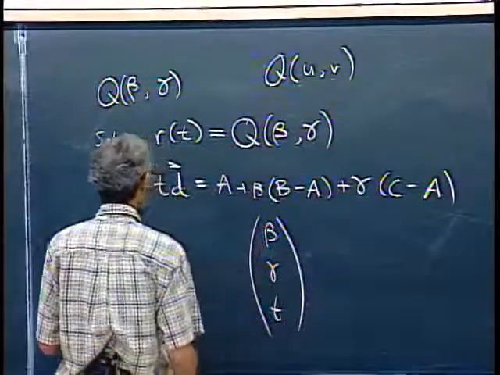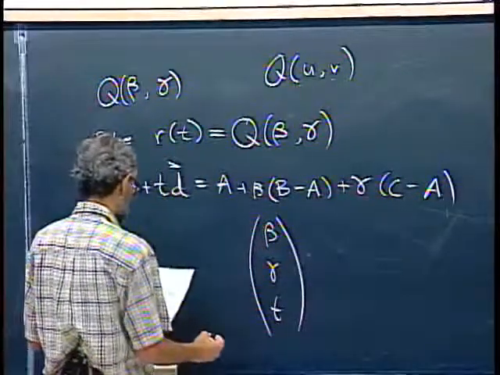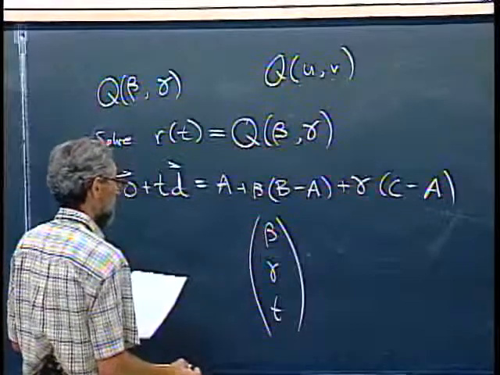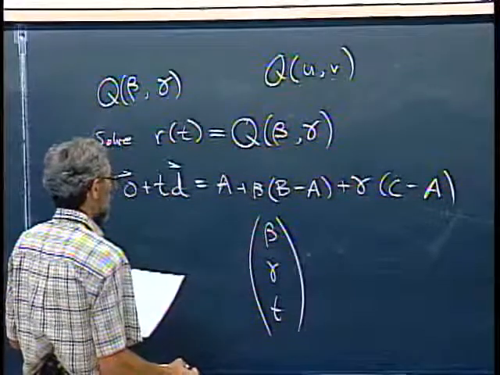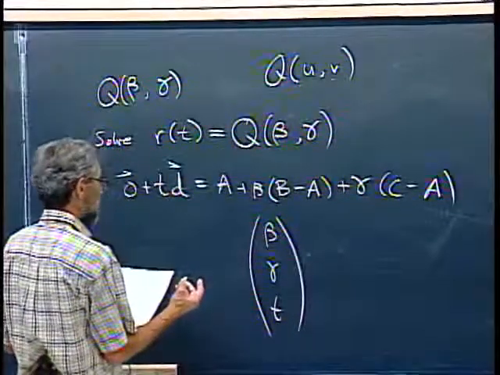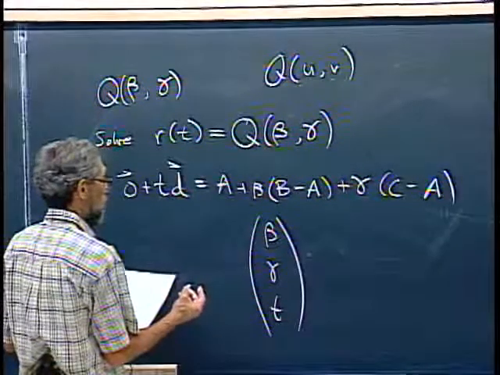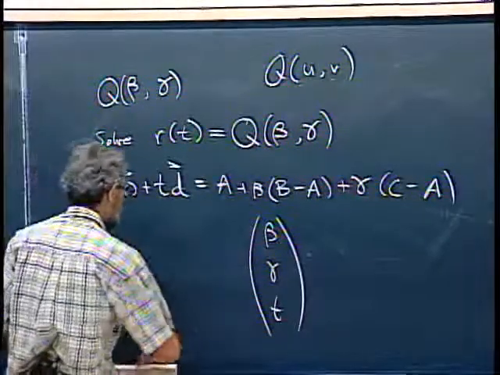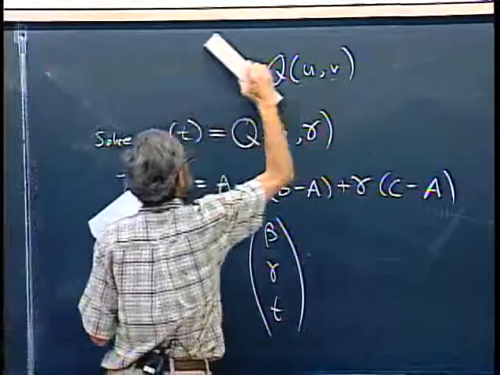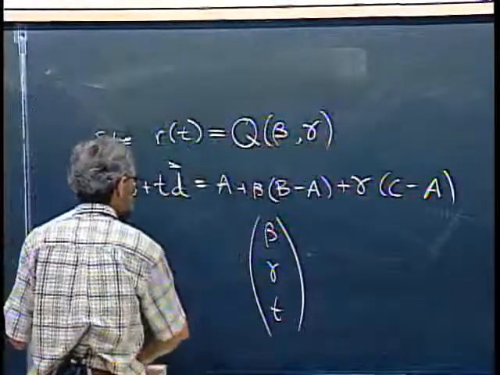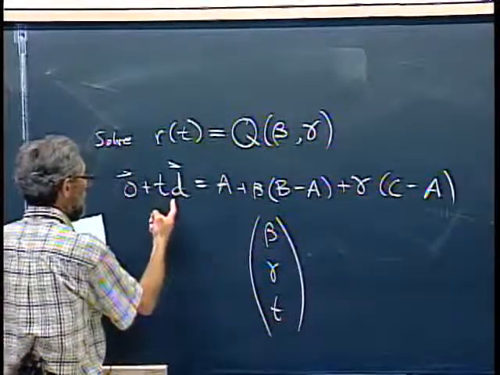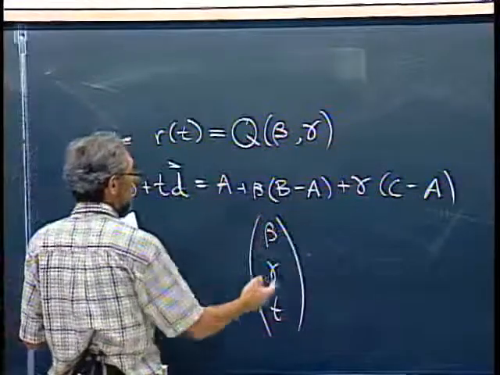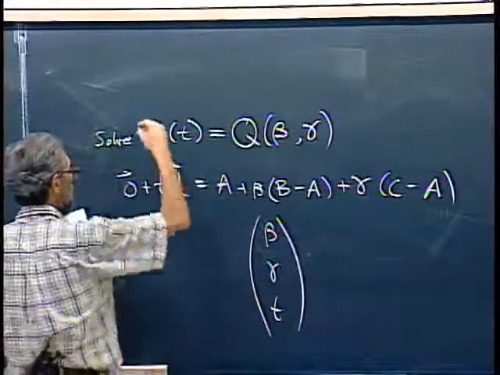And what's multiplying them, let's see, how can we do this? Let me erase this and let me write it so that the terms that multiply t, beta, and gamma are on the left and the constant terms are on the right.